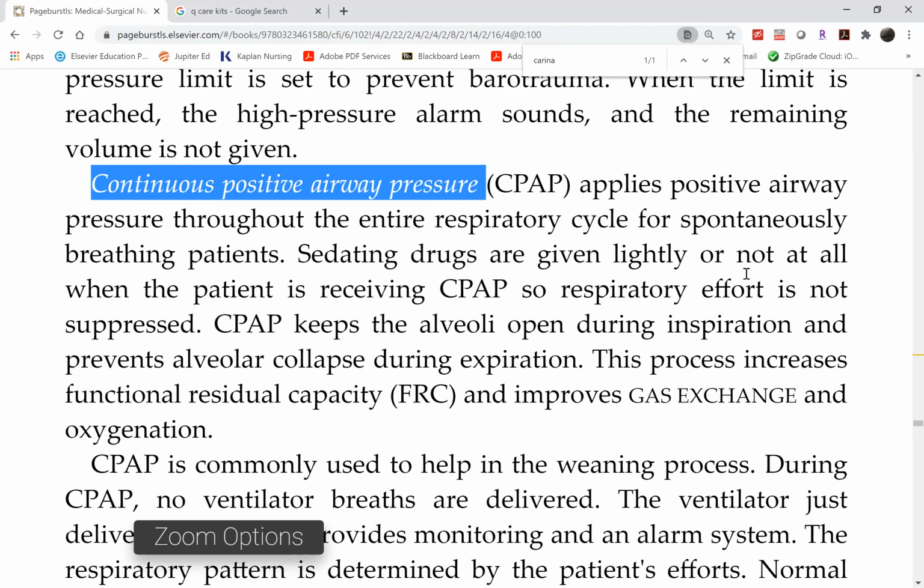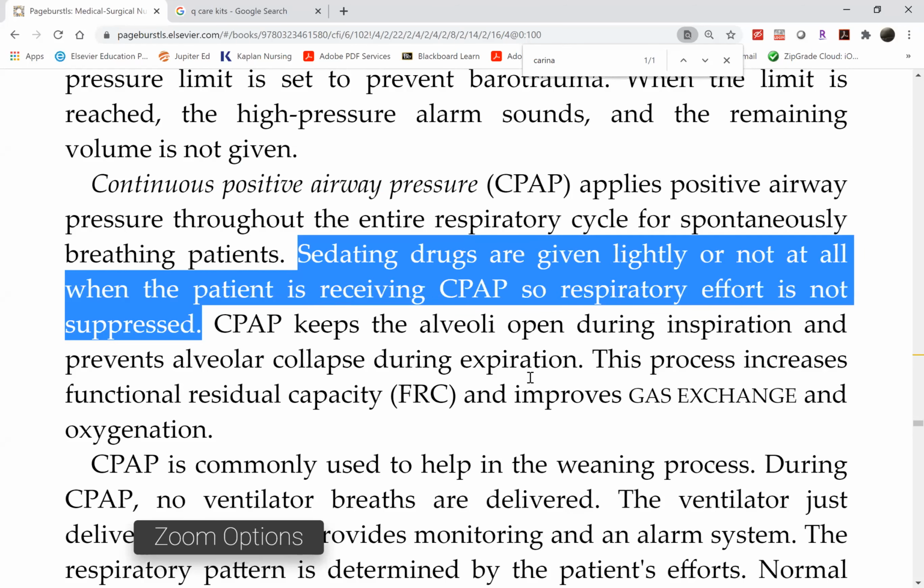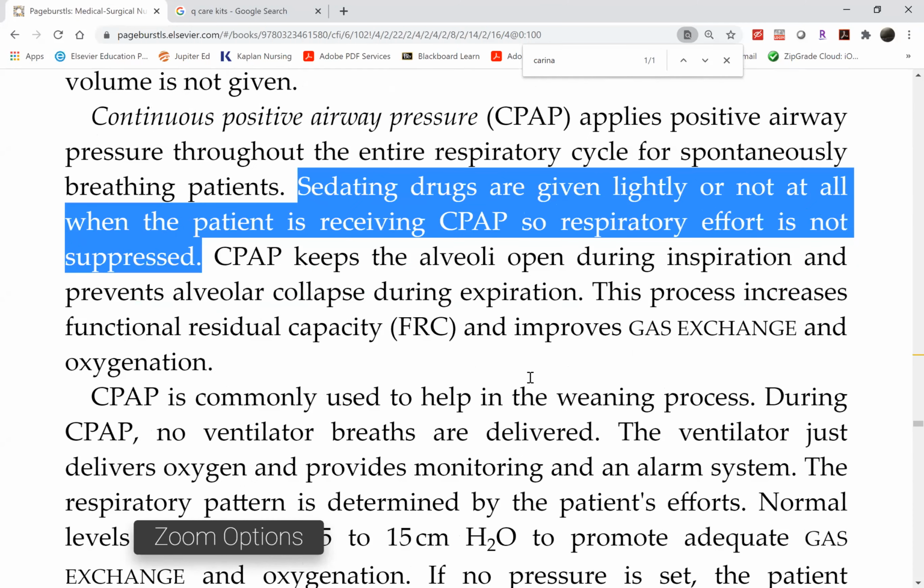That means the patient must be breathing in order to survive on this setting, because remember, the vent is not giving breaths anymore. You're telling the vent to function as a CPAP. So in order to do this, we're starting to wean the patient, so sedation is taken off, or maybe very little, in order to do the weaning. You can't wean with sedation.